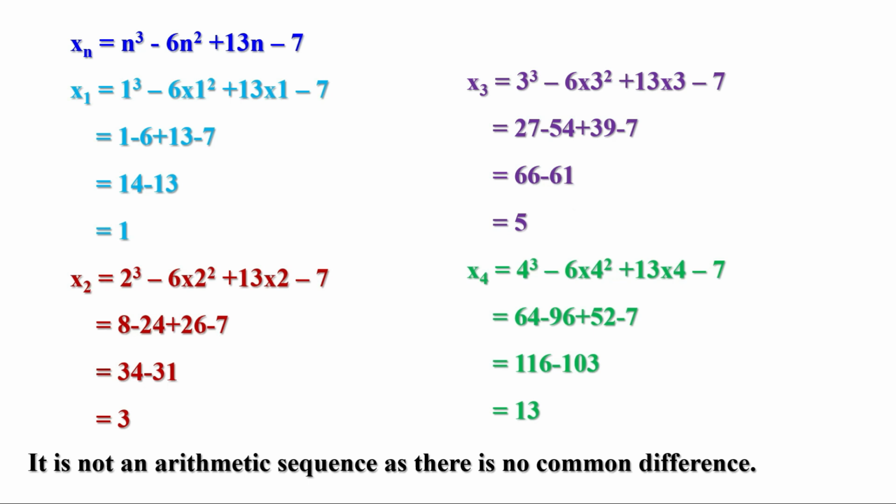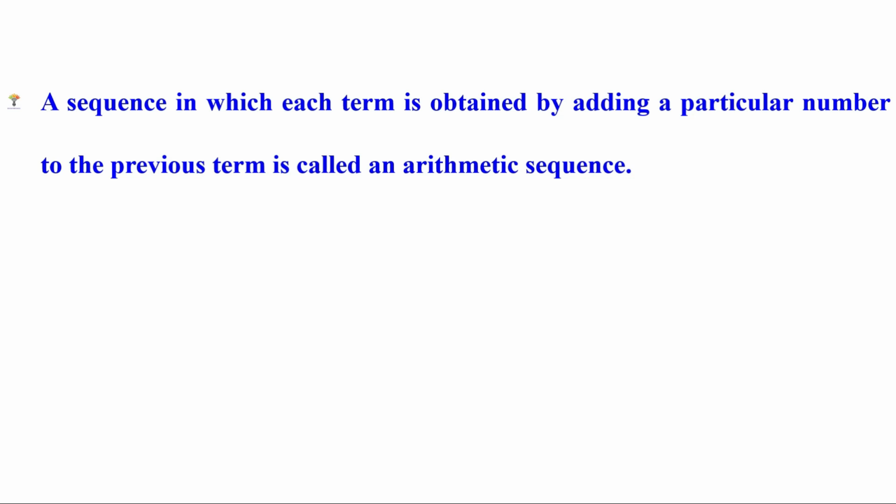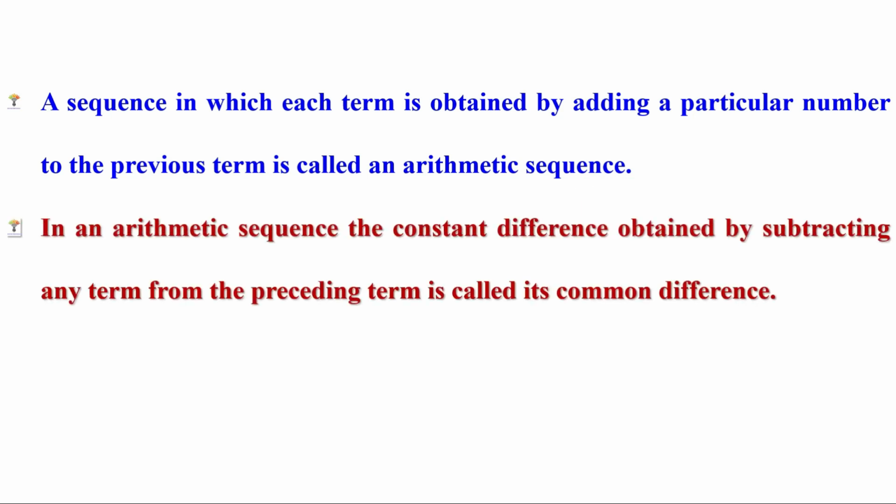So today we have learned arithmetic sequences. A sequence in which each term is obtained by adding a particular number to the previous term is called an arithmetic sequence. And we have discussed common difference. It is the difference between consecutive terms of an arithmetic sequence.